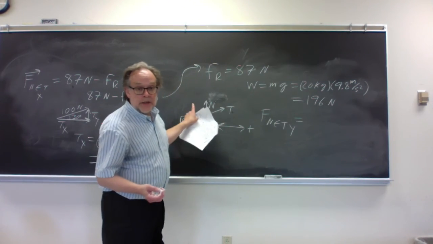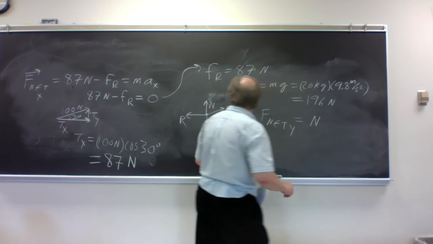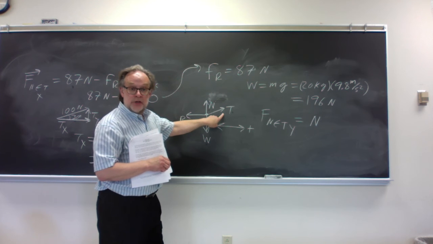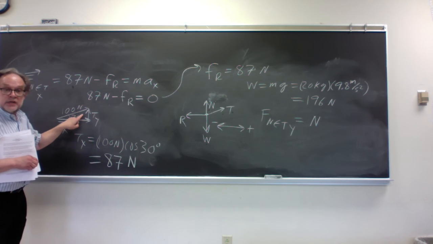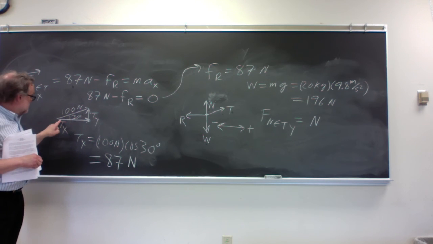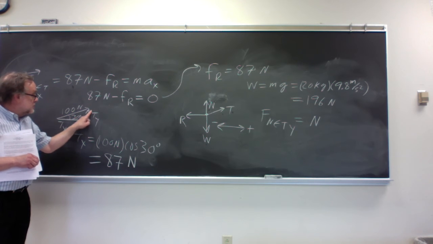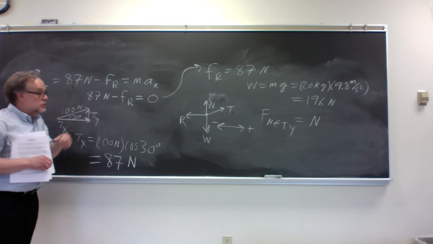Two forces in the positive y direction: normal force, and then the vertical component, or the y component, of tension. Right? This 100 units of tension was really the same as this much tension pull in the positive x direction plus this much tension pull in the vertical direction.